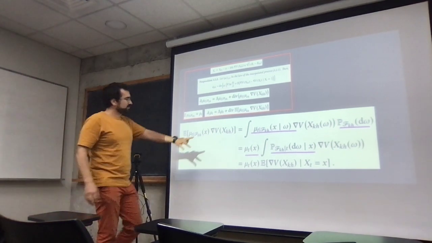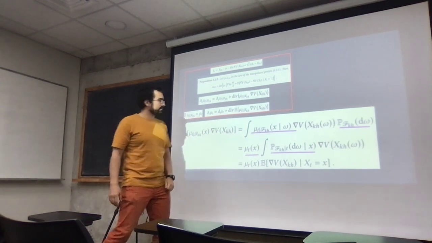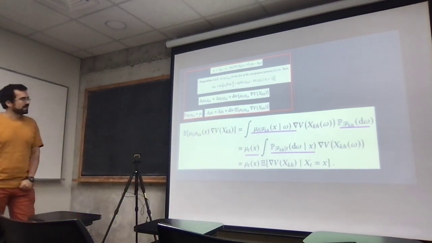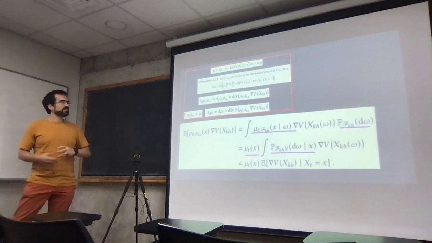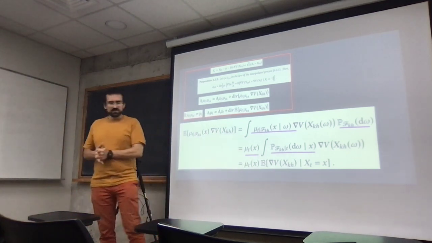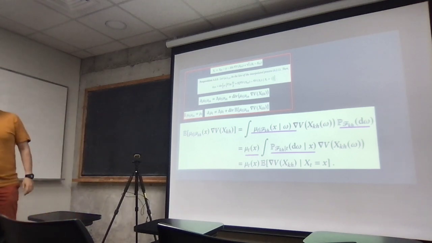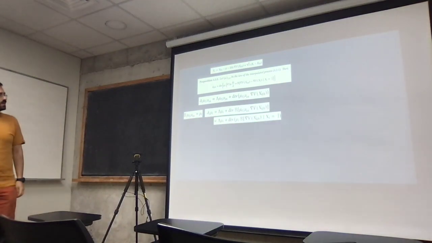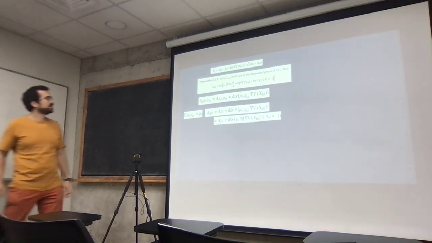I do this manipulation, and I can take out a mu_t(x), and it becomes an expression that depends only on the expectation of gradient V, conditional on X_t equal to x. Okay, so now I plug that in.